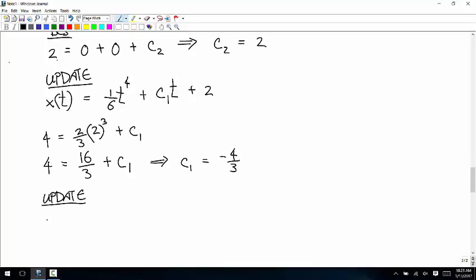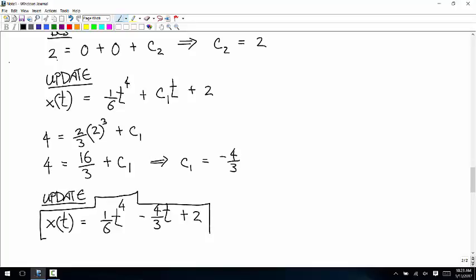Now that we know c1, we know that the function x of t is 1/6 t to the 4th minus 4/3 t plus 2. Any questions about that?